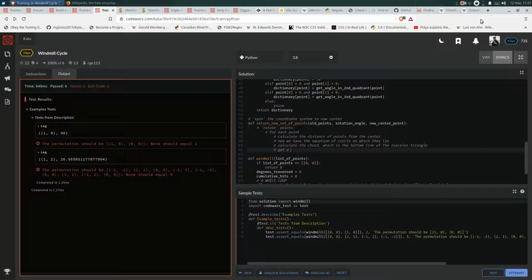Get the second circle equation from chord length and the center of circle point coordinates.